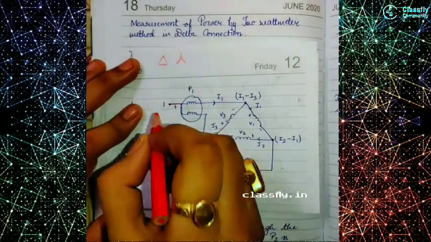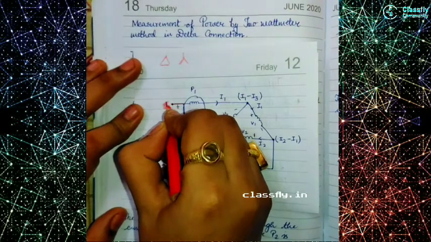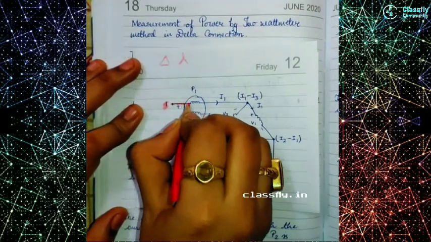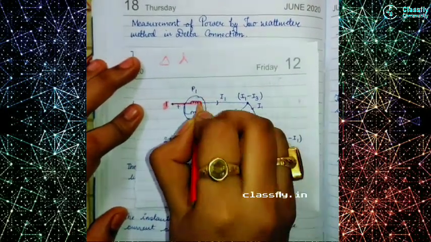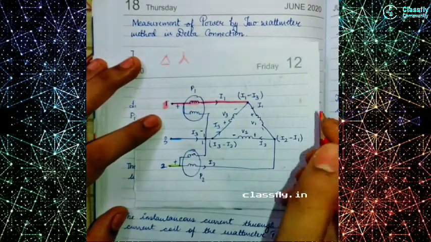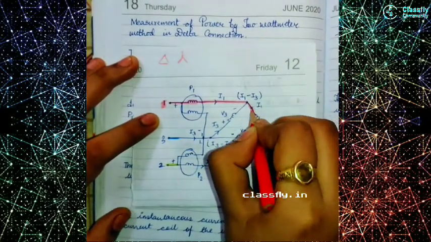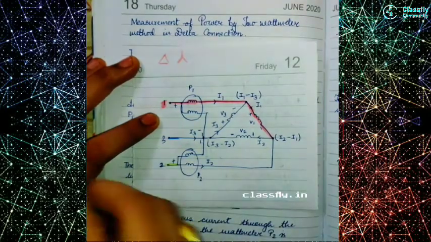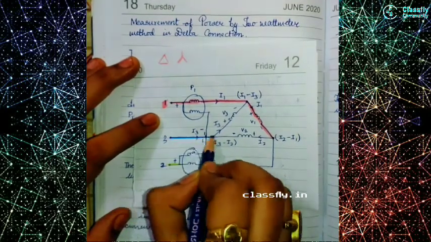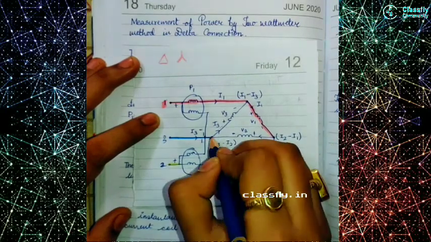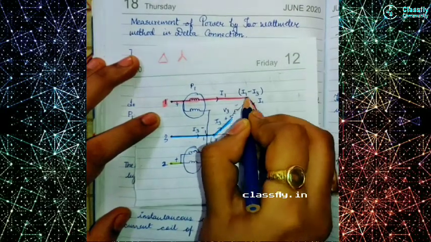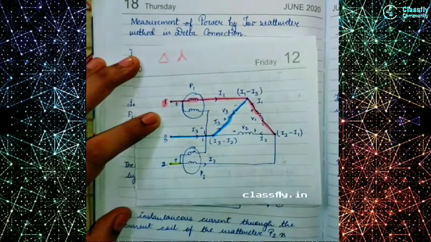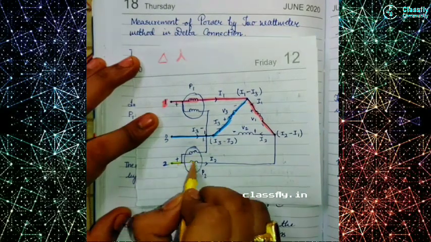This one is denoting the color red, so we will color this portion like this, the blue will be colored by this color, and the yellow will be colored by this color.